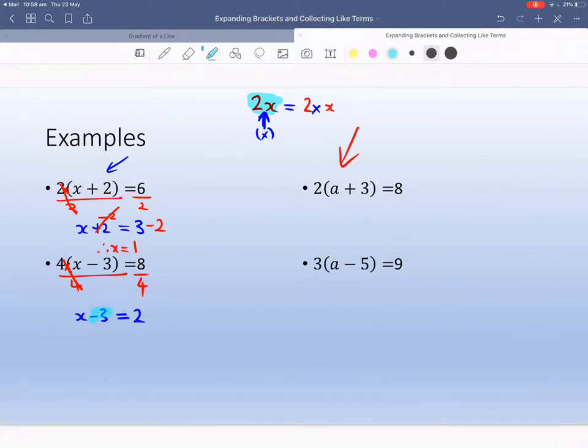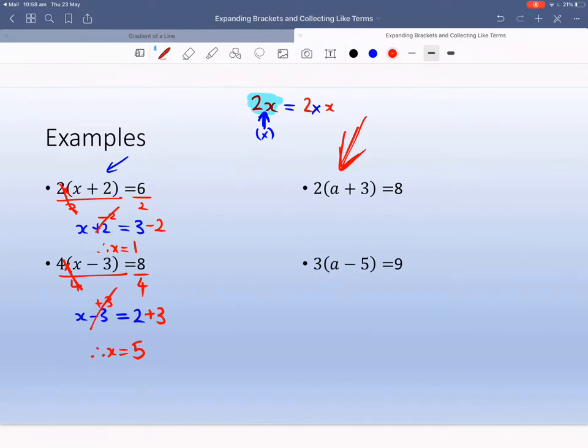Now all I have to do is unravel that minus 3. So the way I do that is that I'm going to plus 3, but I have to do that to the other side too. So plus 3. So therefore x equals 5. Okay. All right, I want you to have a go at these two. So pause the video and then I'll show you how to go forward.